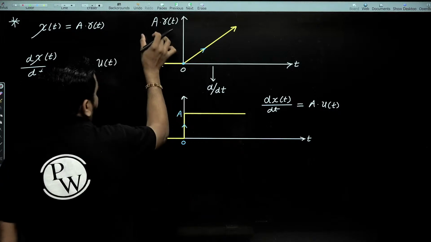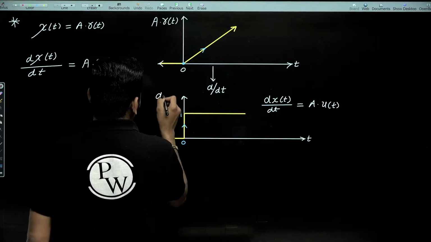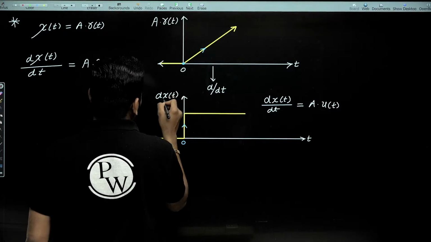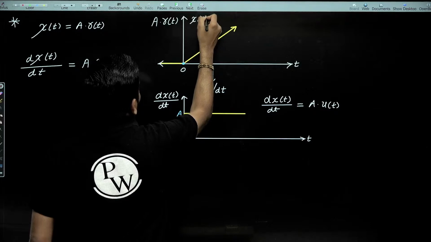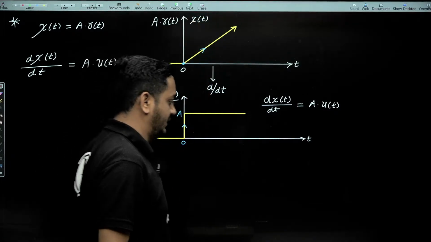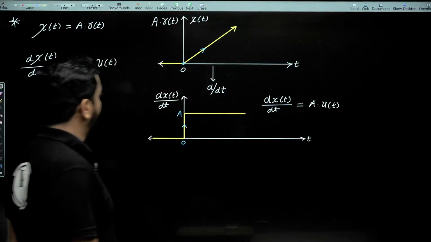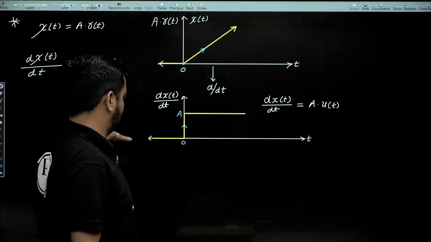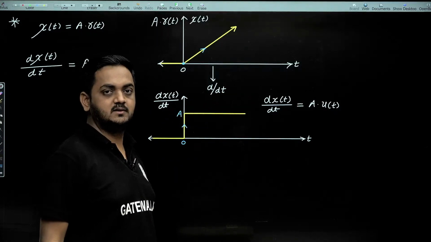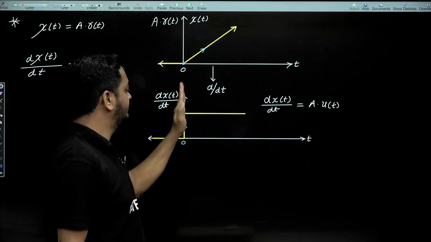If this is x of t, then this is dx of t by dt, guys. Clear? See, if this is increasing linearly, then here there is a sudden positive change, guys.